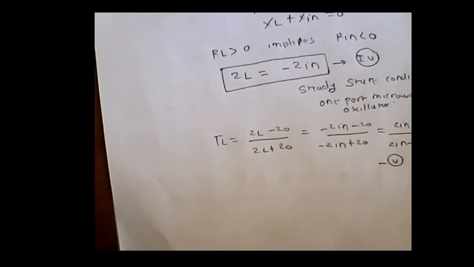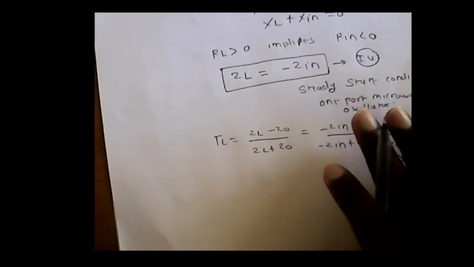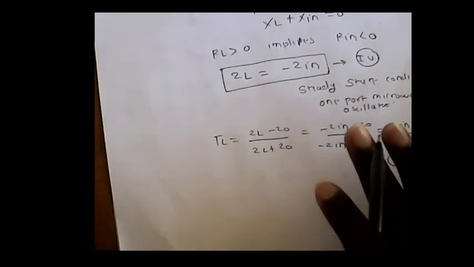Thus we see the condition for guaranteed stable state oscillation. Now if we define the maximum oscillation by using a one port network, the circuit must satisfy this condition.